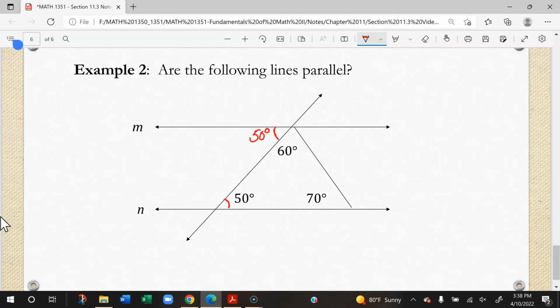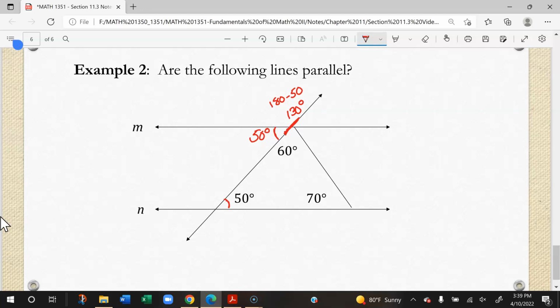Now, if this is 50 degrees, this forms a straight line, so this is supplementary. So that would mean this is 180 minus 50. So this is 130 degrees because this is supplementary.